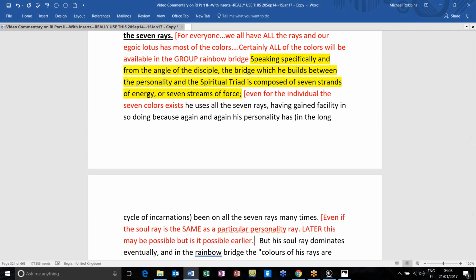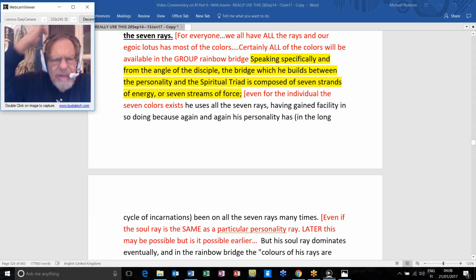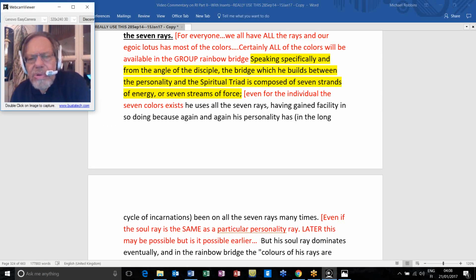He does describe in Esoteric Psychology, Volume 2, a very interesting case in which a first-ray soul has a first-ray personality. He doesn't discuss other types of soul rays having the same personality ray type, but he does for the first ray, and presumably it's possible for all the rays.